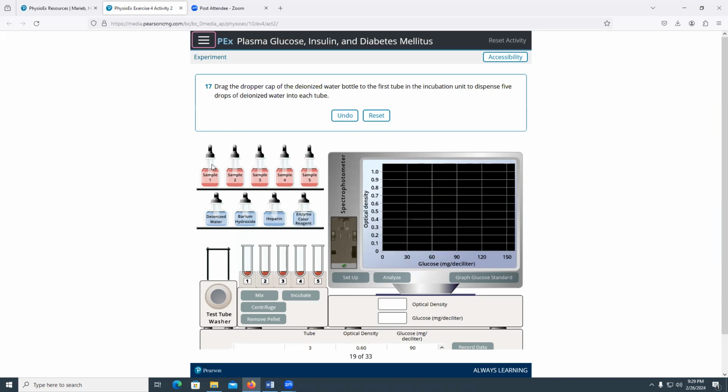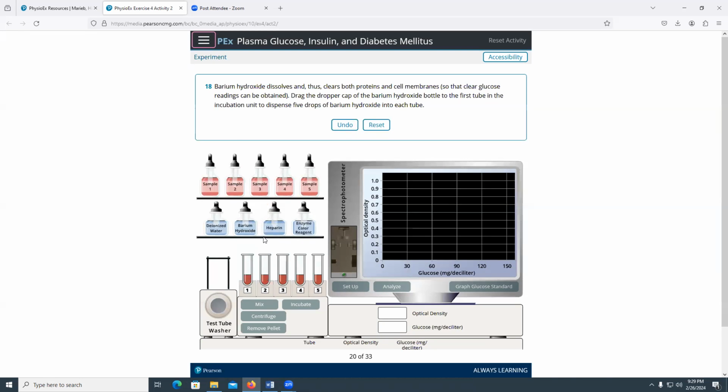Drag the dropper cap of the deionized water, and that is to bring up my volume. Then we'll use our barium hydroxide.